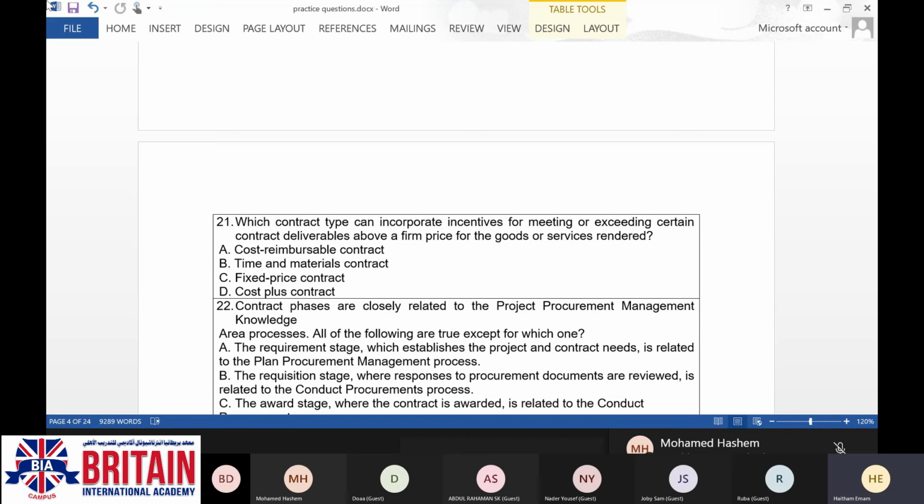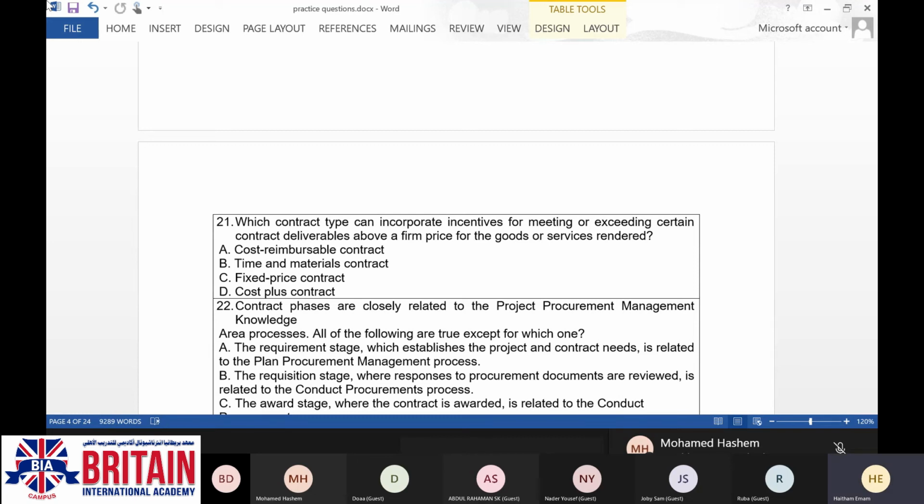The second main category is called cost reimbursable contract. The vendor will be reimbursed based on the actual cost which he has paid, plus a certain profit margin. He has to present invoices. It's not anymore a lump sum amount. He will be reimbursed for the cost which he has paid, and we have agreed upon a certain profit margin.